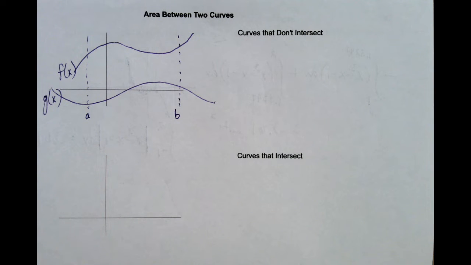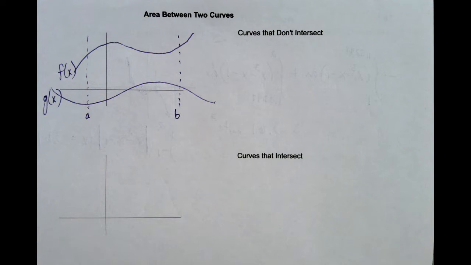I want to find the area between two curves. This is the next biggest idea and application of area, the area between two curves. Okay? So this is a biggie. Find the area under the top one, and then subtract the area under the curve of the bottom one from the x-axis.